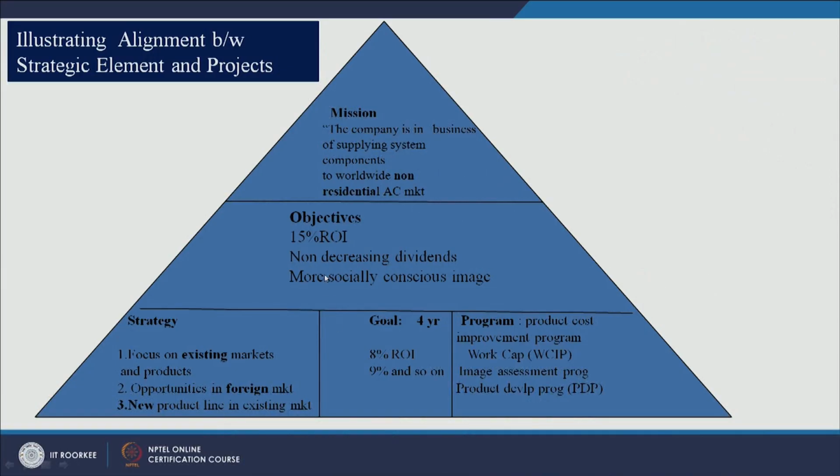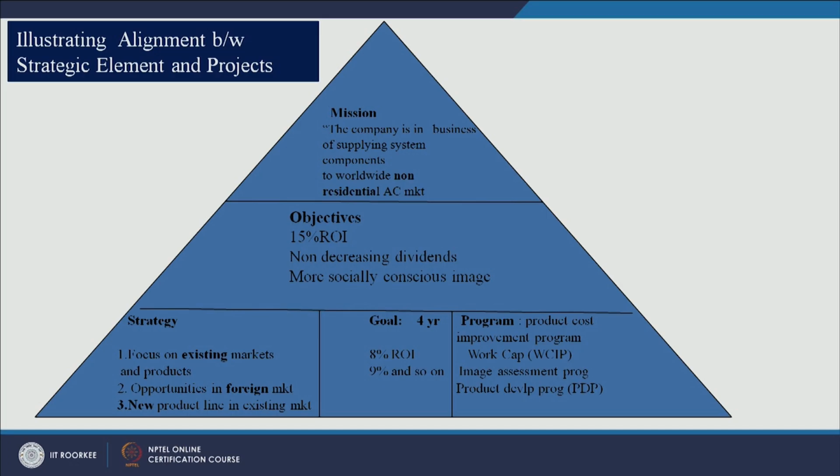Now, when you have got these strategies, you can have goals also. So, let us say for achieving 15% return on investment, first of all in the first 4 years you want 8% return on investment. Later on you can increase return on investment to 9% and so on.